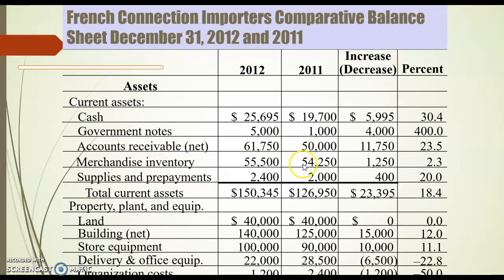All right, merchandise inventory stayed relatively the same, only 2.3%. So obviously, even though we have a lot larger sales, we're not bringing in huge amounts of inventory to sit on the shelf. So we're keeping a just-in-time thing going on where we're getting our inventory in as it's being sold.